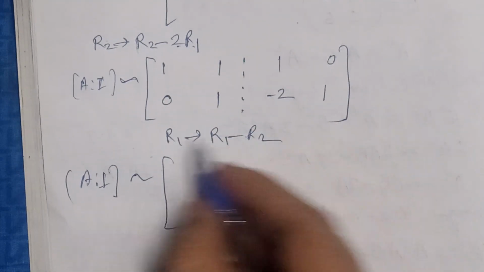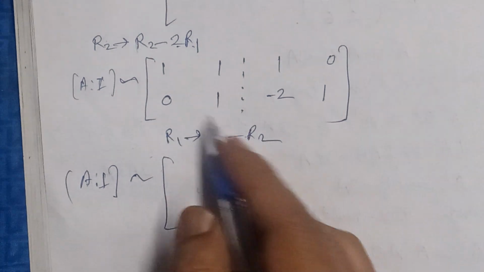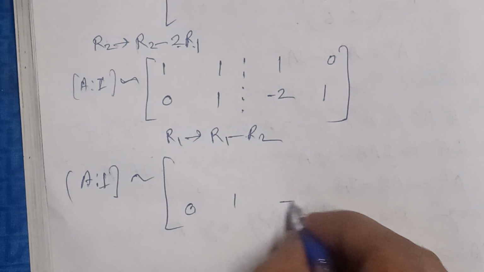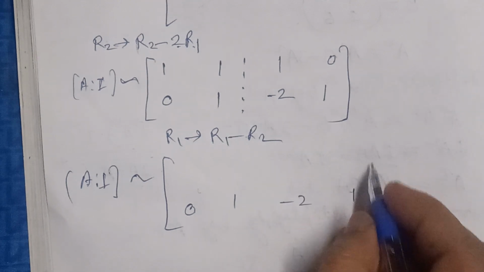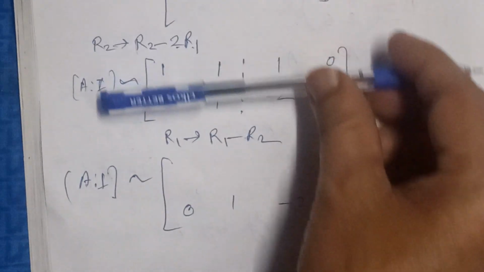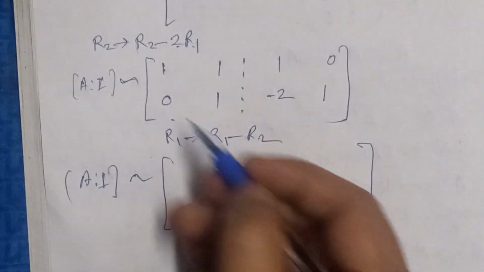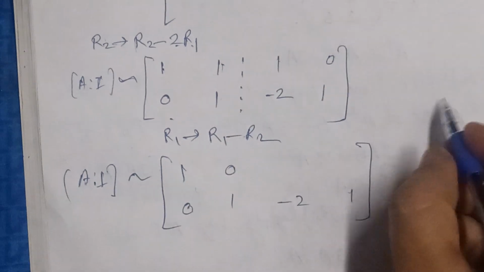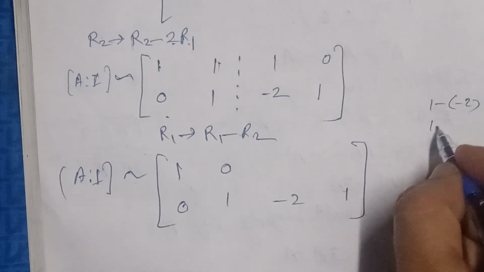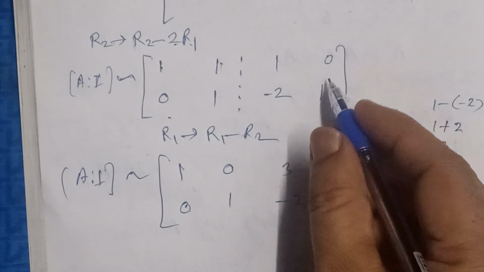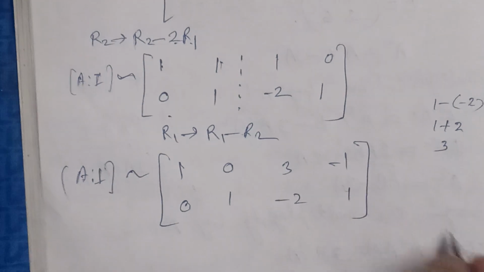There is no change in R2, only a change in R1. So I write R2 here without any change, and R1 minus R2: 1 minus 0 becomes 1, 1 minus 1 becomes 0, 3 minus 1 becomes 2 and 1 plus 2 becomes 3, and 0 minus 1 becomes minus 1.